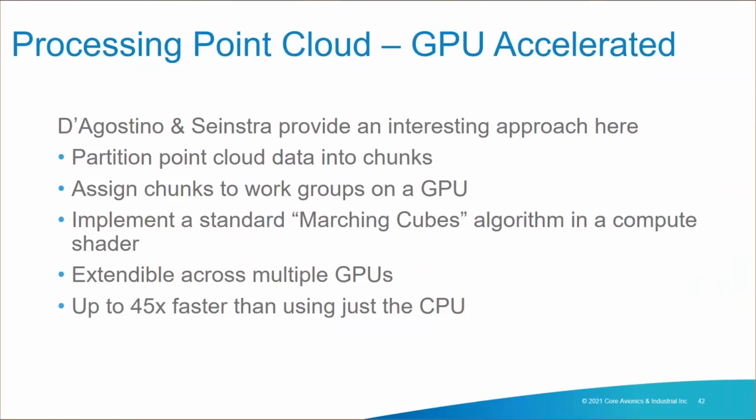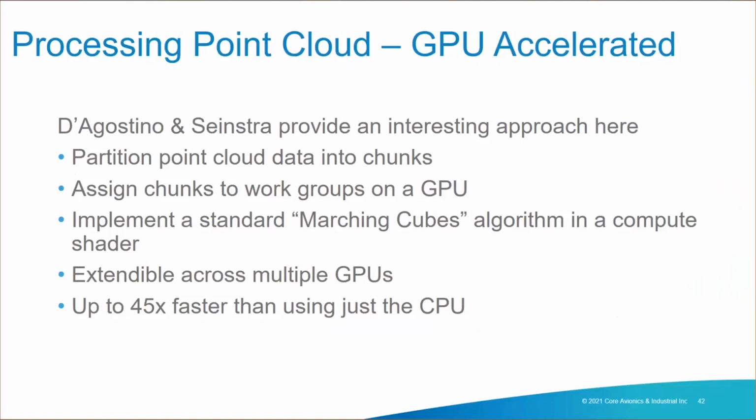And the idea they took to accelerate this on a GPU was to partition the point cloud data into chunks. And you might think that the marching cubes is already processing the point cloud data into chunks. It takes a cube and then it compares the 8 corners of the cube. But the idea they took here is to partition it larger than that, so you'll have a chunk made of many different cubes.